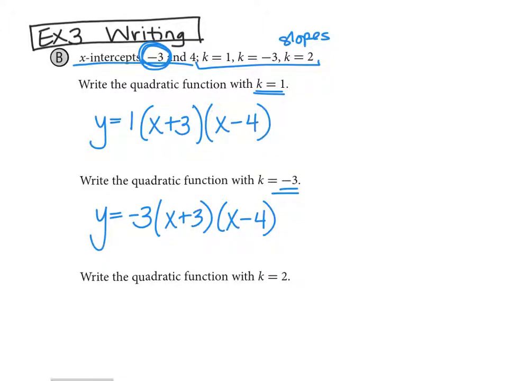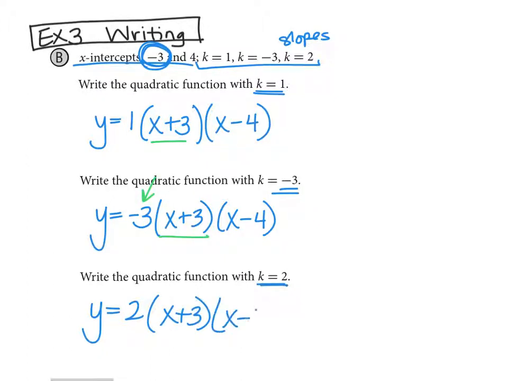The only difference with this one is it's still going to cross the x-axis in the same spot, except now my slope is negative, so it's going to open downward. And then last example, y equals new slope of 2, and then same roots, so x plus 3, x minus 4. So the difference between these 3, my first one is going to cross at -3 and +4.